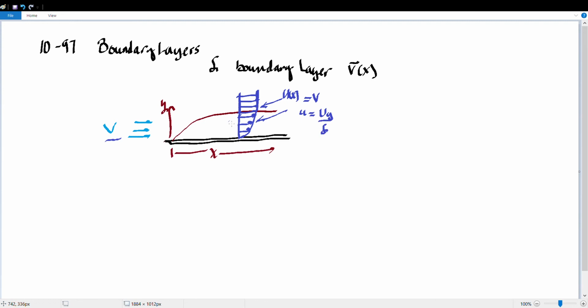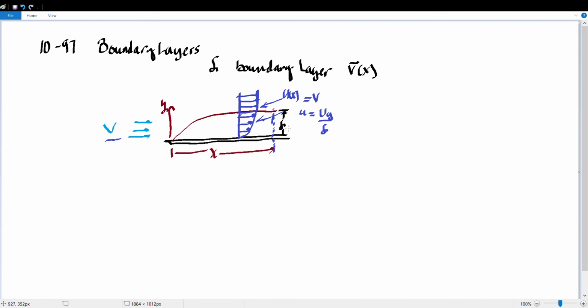I haven't talked to you about the boundary layer yet, but for example, here's x, so let's go ahead and say x. The boundary layer height is this height here, basically from the flat surface of the plate to the brown line.